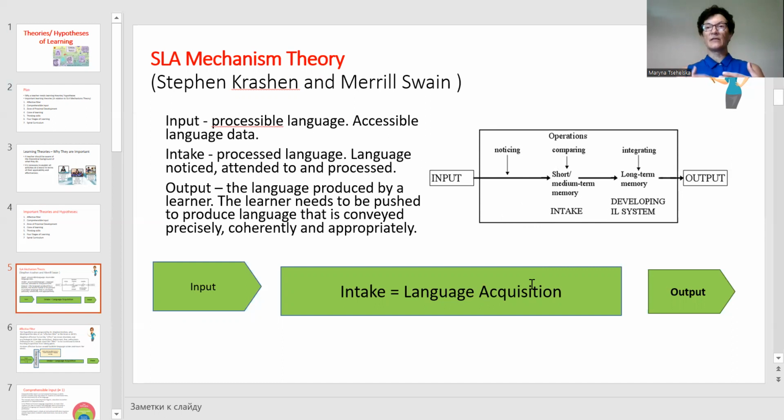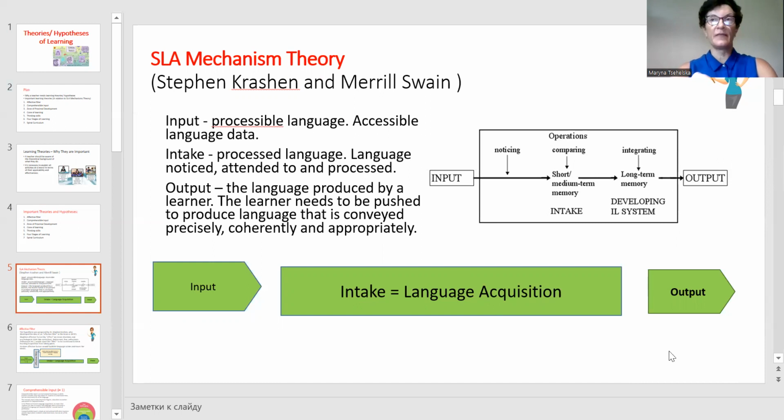Intake means that we start acquiring this language. We start possessing it, like we eat it. And from this is where the language acquisition happens. And finally, through processing, through storing the language in long-term memory, we come to the output stage.